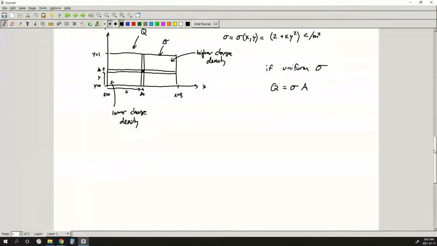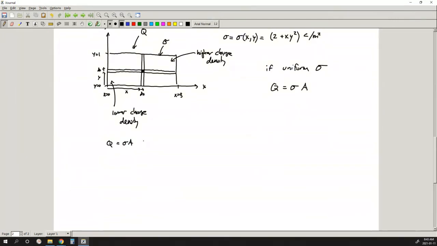And so the way we're going to do that is we're going to start off by building these tiny little chunks of charge, because each of these tiny little chunks of area is going to have some tiny little amount of charge on it, right? So normally we would end up with Q is equal to sigma A, right?